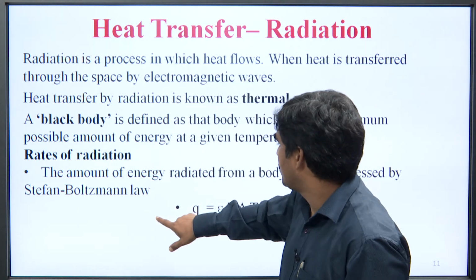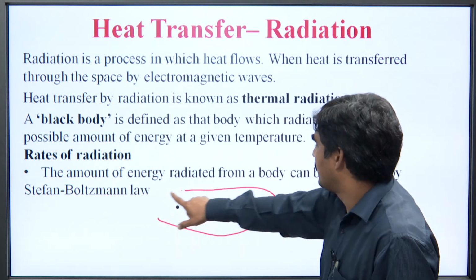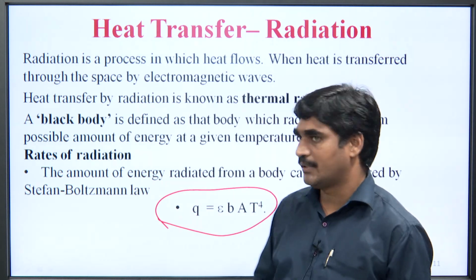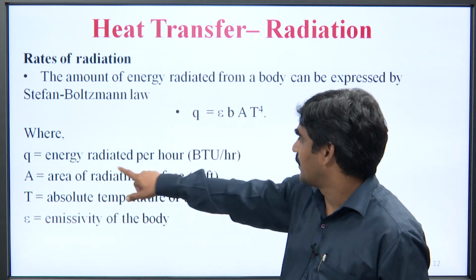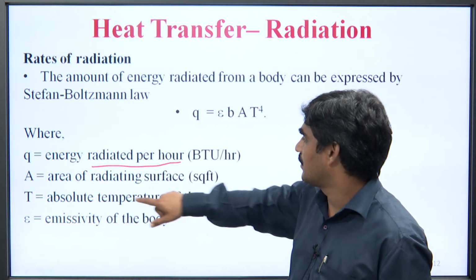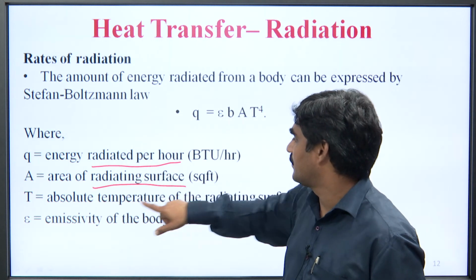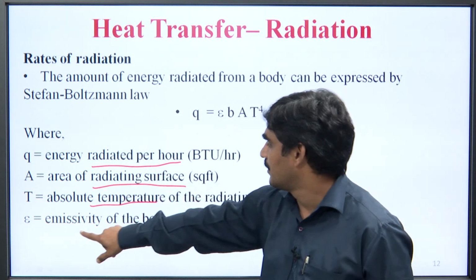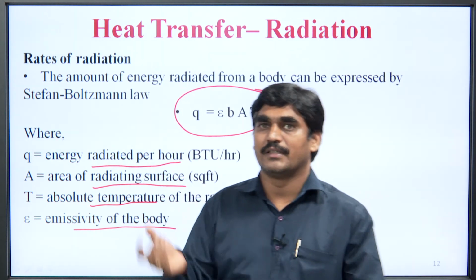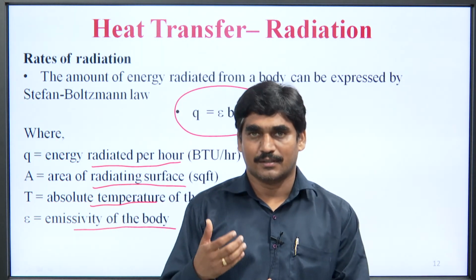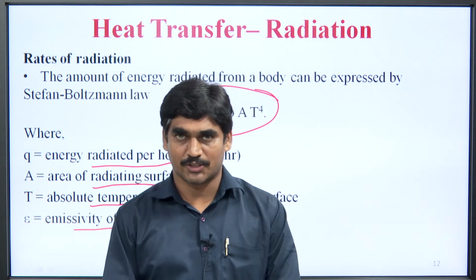It is given by the Stefan-Boltzmann law, that is Q is equal to epsilon sigma A T^4, where Q is energy radiated per hour, A is the area of the radiating surface, T is absolute temperature and epsilon is the emissivity of the body, also called the proportionality constant.